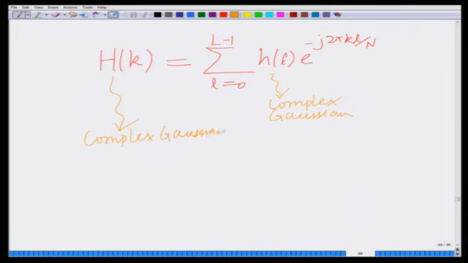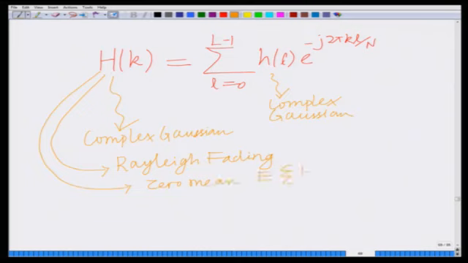The capital H of k is also complex Gaussian, which means H of k is also Rayleigh fading in nature. Each of the small h l has zero mean, which implies H of k is also zero mean, that is, the expected value of H of k is equal to 0.